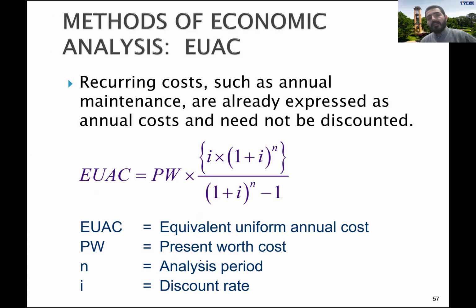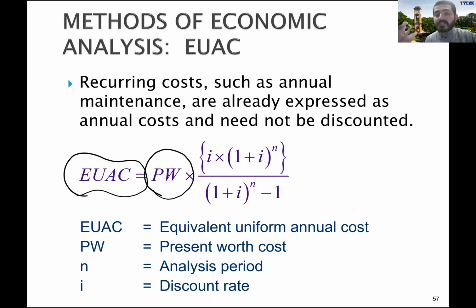While for the other method, EUAC, the recurring costs such as annual maintenance are already expressed as annual cost and don't need to be discounted. So for the EUAC, as you could tell, we first need to go through the PW, the present worth. You do the whole thing and then multiply the present worth times i times (1 + i) to the power n over (1 + i) to the power n minus 1.